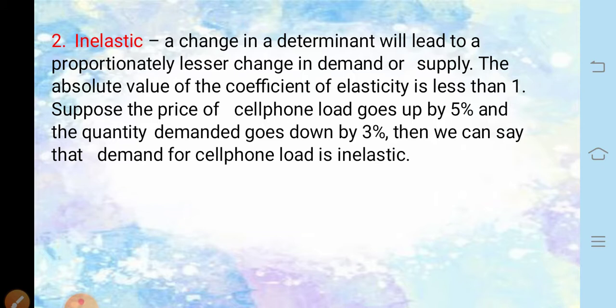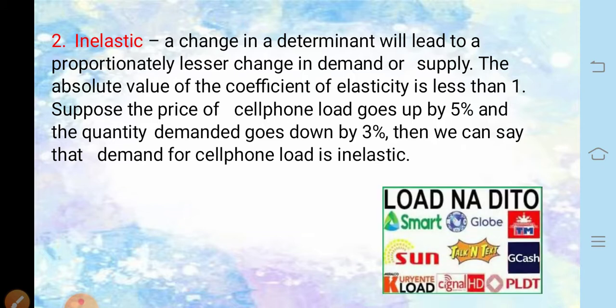Inelastic: a change in a determinant will lead to a proportionately lesser change in demand or supply. The absolute value of the coefficient of elasticity is less than 1. Suppose the price of cell phone load goes up by 5%, and the quantity demanded goes down by 3%.